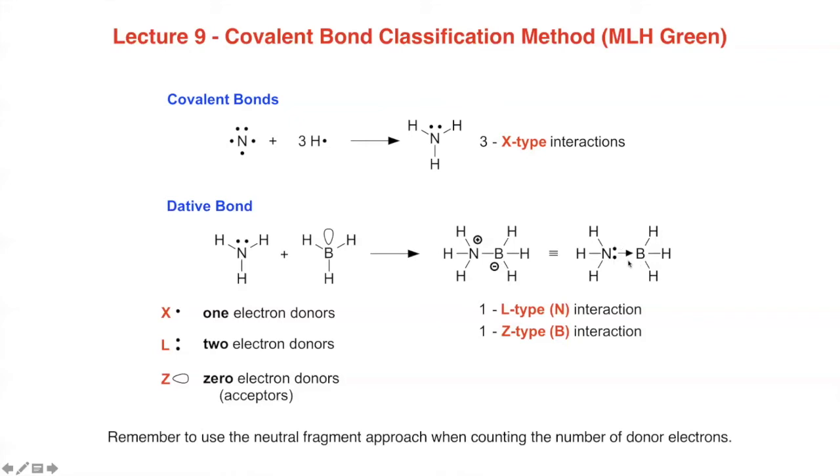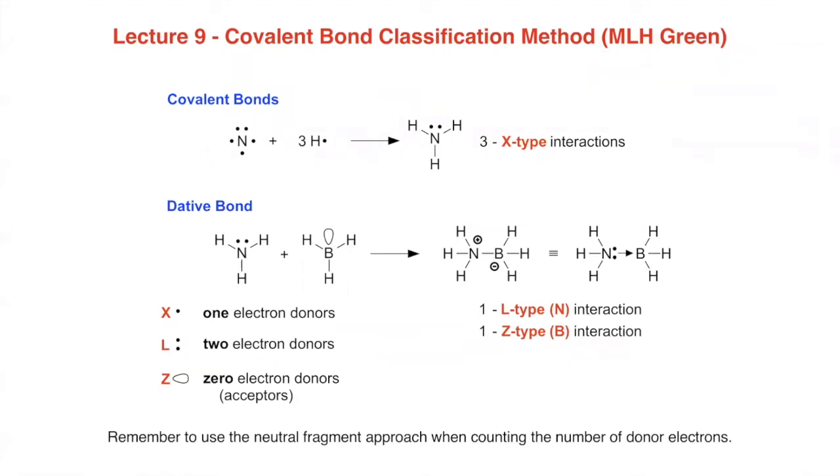In either case, the ammonia contributes 2 electrons to the bond, and the boron contributes 0. So you can say that the nitrogen is an L-type ligand, which contributes 2 electrons to the boron, and that the boron is a Z-type ligand, which contributes no electrons to the bond.